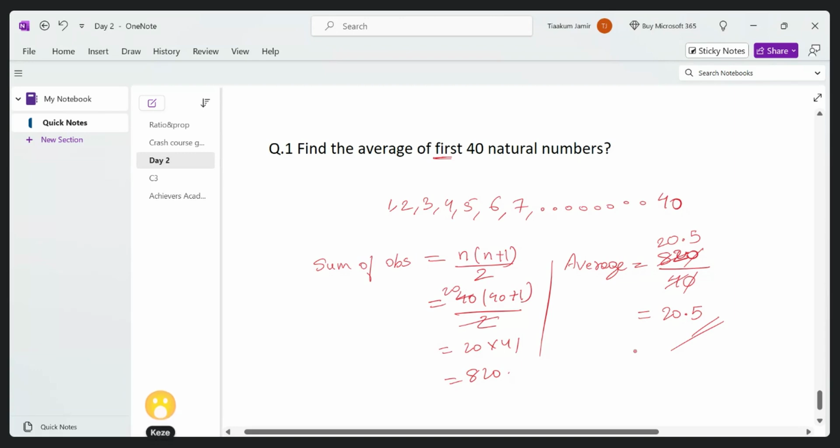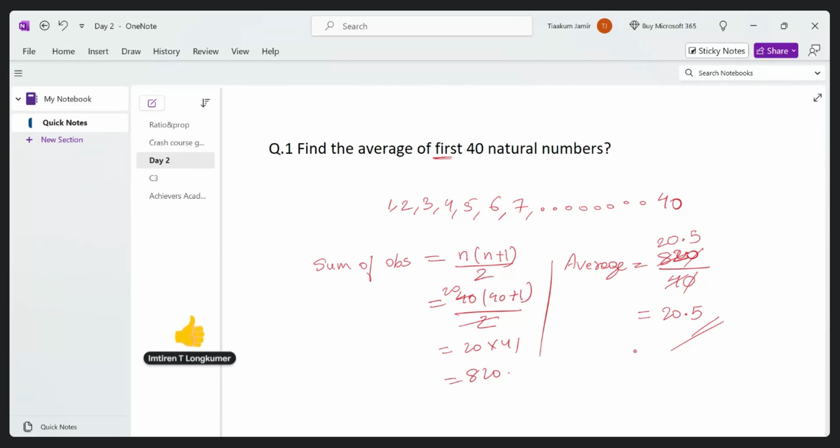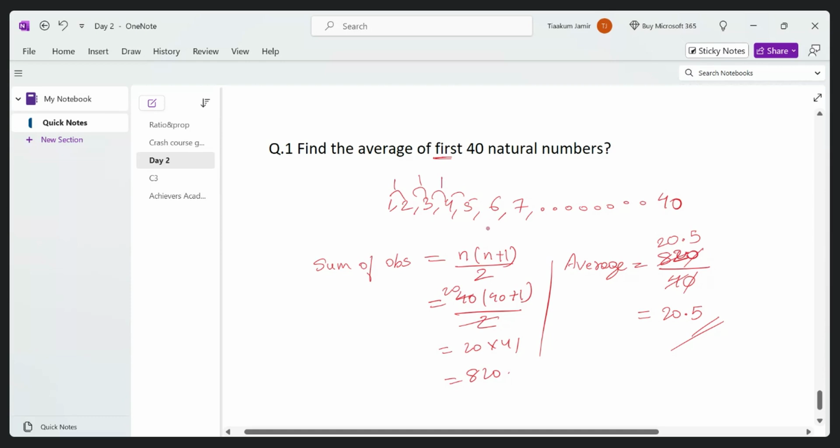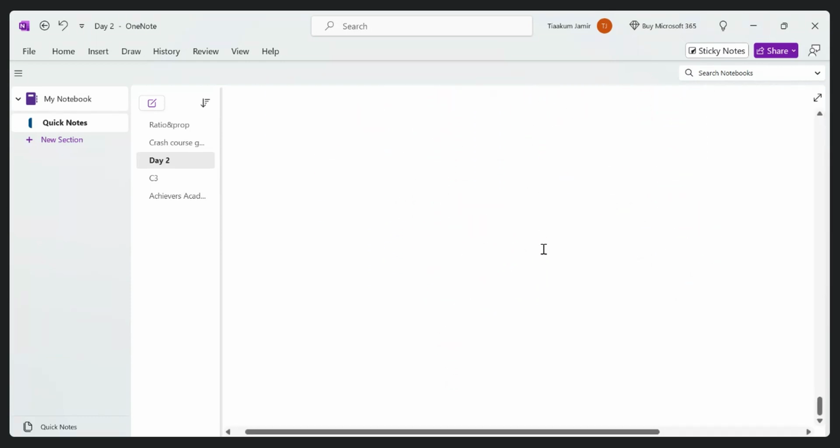But again, if you're smart enough, you can solve this one without pen and paper. I've mentioned earlier, when numbers have the same difference, here the difference is 1. So we know 1, 2, 3, 4, 5 up to 19, 20, 21, 22 up to 39, 40.